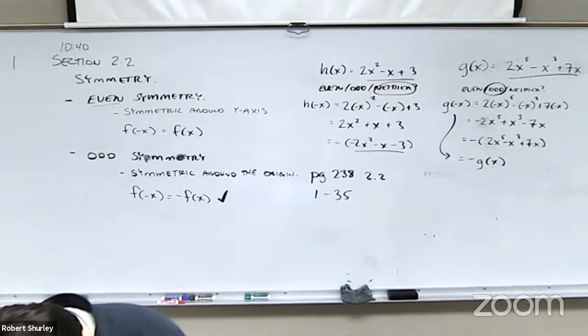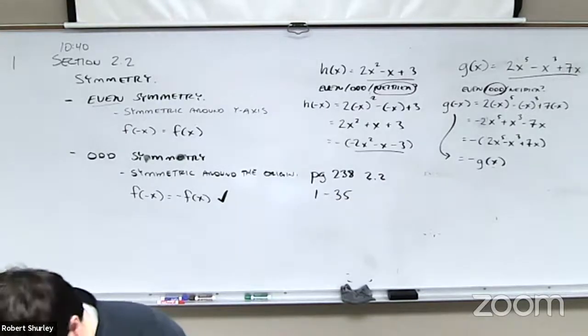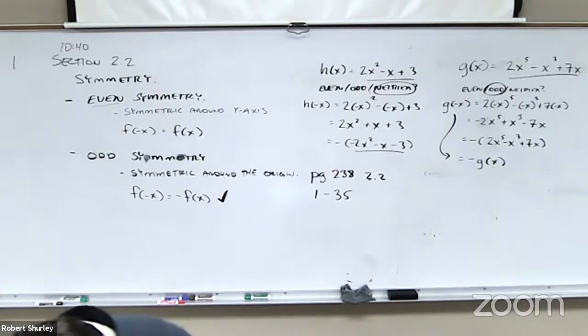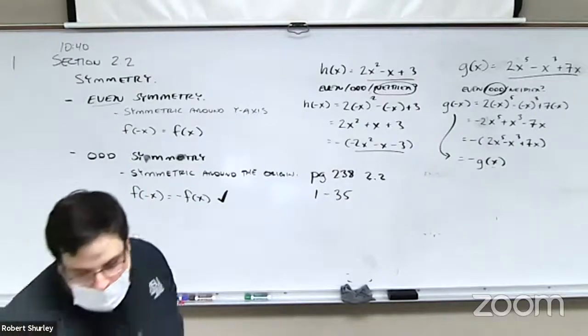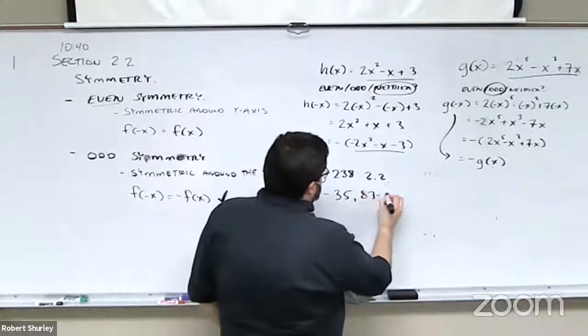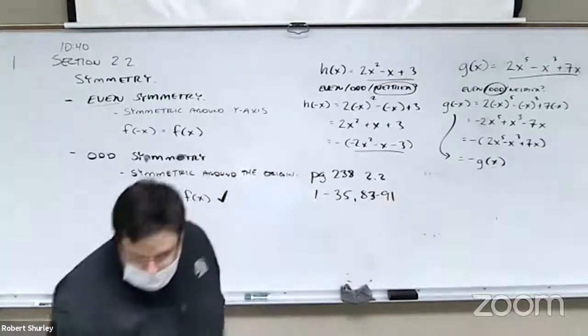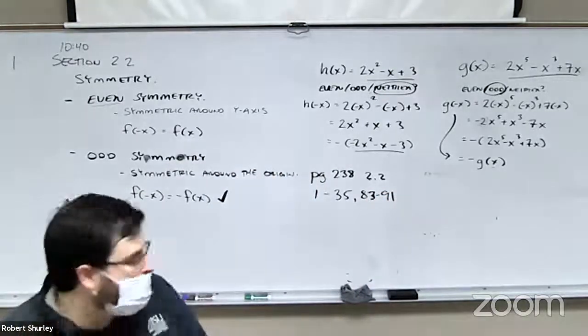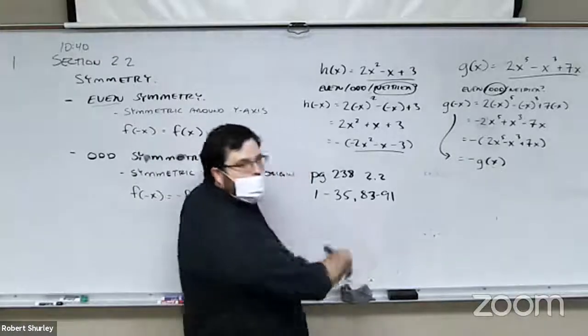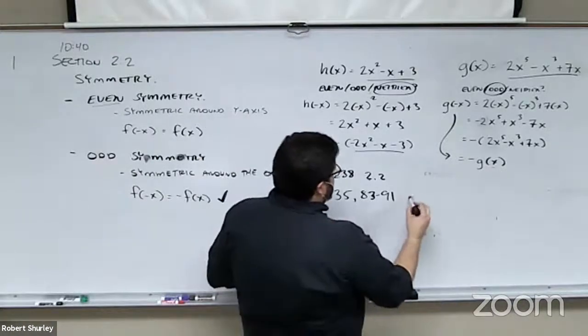There's an application at the end which is kind of neat. I want you to do 83 through 91. These are all going to be odd, guys. 83 through 91, and that'll be good. And then we'll go over the piecewise. The gap in here is on piecewise functions. We'll have to go over that next lecture.